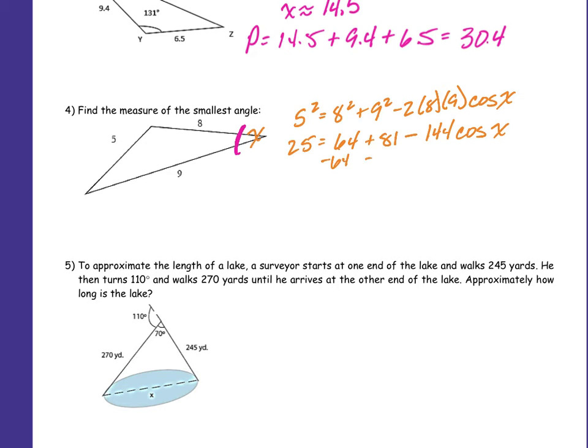Subtract 64, subtract 81. So 25 minus 64 minus 81 is minus 120, equals negative 144 cosine of x. Divide by negative 144.